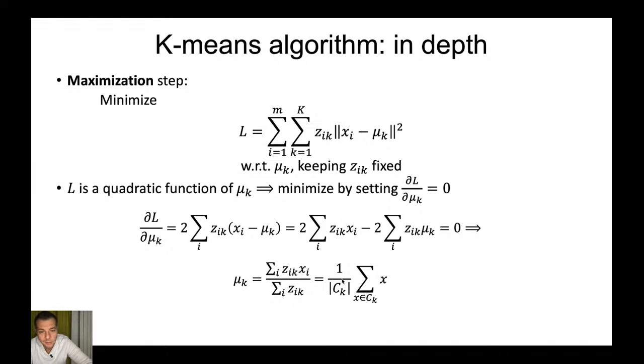This is equivalent to doing the average of all the data points xi that have this component equal to 1, right? So this is equivalent to the average of the examples x that are in the cluster ck. This proves that we are optimizing once again this objective, so when we are computing the average, we are optimizing this objective with respect to the centroids.